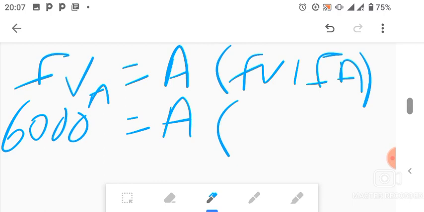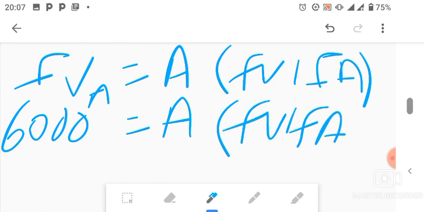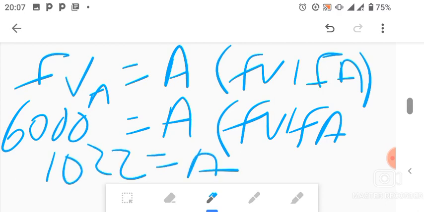When you do all your computations for this question and put in a certain value for your FVIFA, you'll find that it lands you at 1022 as your annuity payment. So you have found how much you need to be depositing now to lead you to that futuristic value of 6,000. So just like that, you have computed.